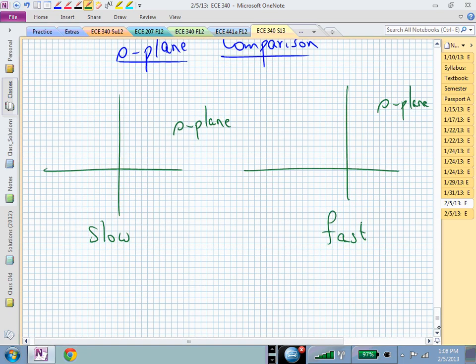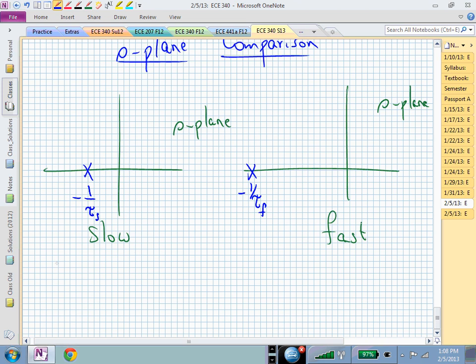So now I have a pole, let's say right here, which is at minus 1 over tau sub S, and we said tau sub S was big, so that 1 over tau sub S is not going to be very far into the left half plane. And this one is quite a ways.